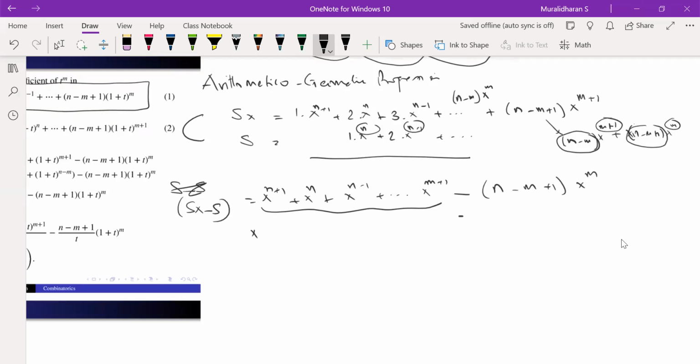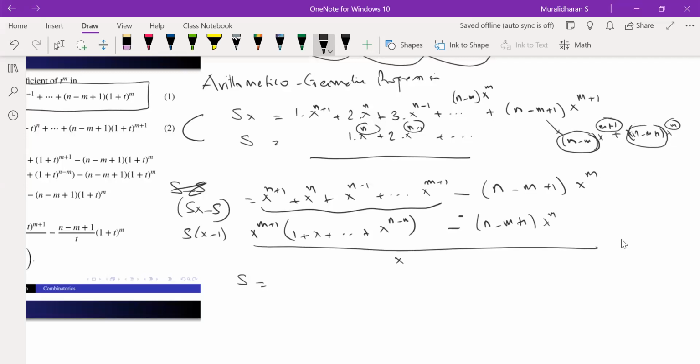This will be x power m plus 1 into 1 plus x etc. up to x power n minus m, minus n minus m plus 1 into x power m. This is my s into x minus 1. So my s will be this quantity by x minus 1. So that's what we want.